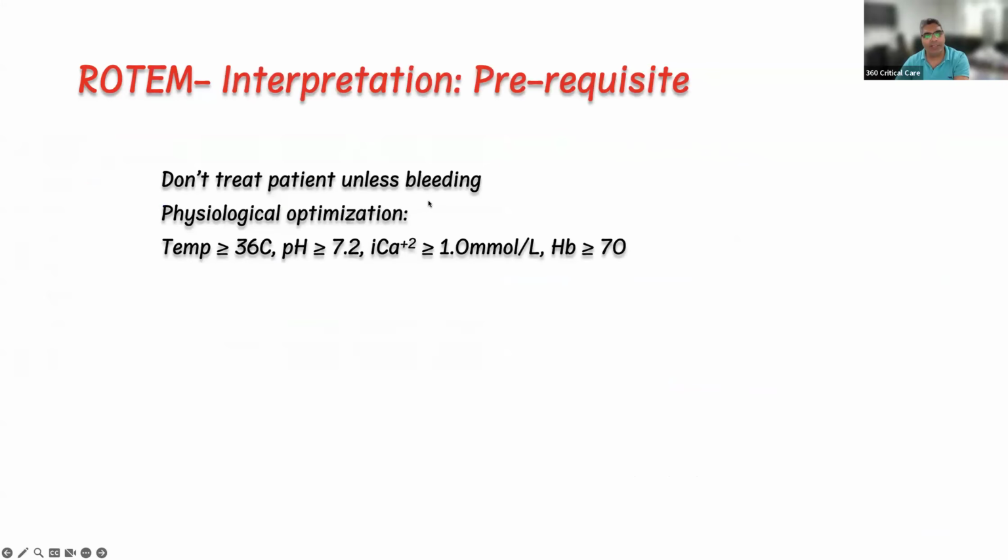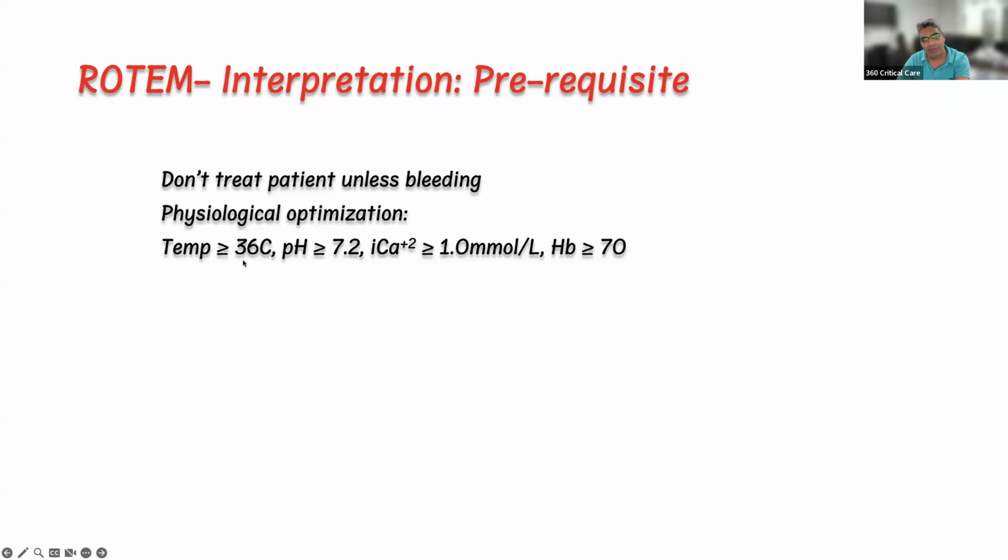Now for the prerequisites. The thing you remember clinically is you don't treat the graph, you treat the patient. If the patient is not bleeding, you don't have to do a ROTEM and you don't have to treat it. But first and foremost, optimize the basic needs for coagulation that we talked about, because ROTEM is very dependent on these, and it is measured under normal conditions: body temperature, normal pH, normal calcium, and normal hemoglobin.